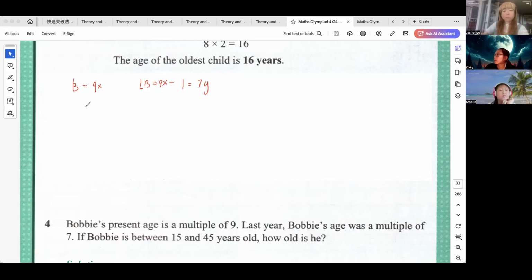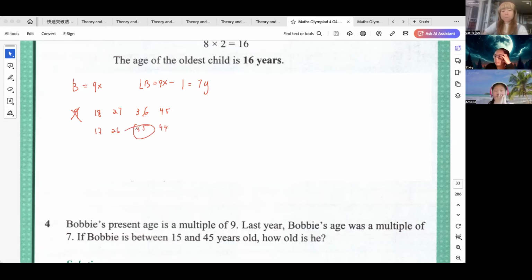So let's see. Bobby could be 9, could be 18, could be 27, could be 36, could be 45. Right? Because it's between 15 and 45. So 9, we don't need it. So 17, 26, 35, 44, very easy.